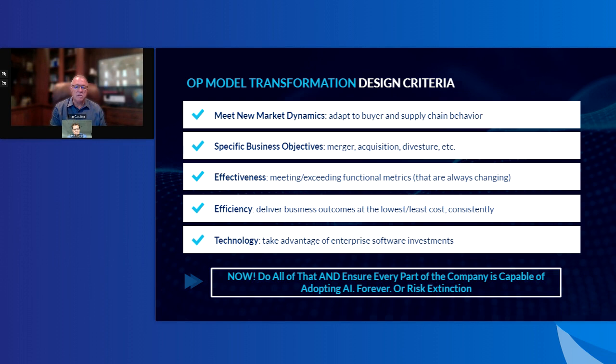I'm not going to drain the slide, but these are typical elements that get listed on the what-are-we-solving-for list. And now we're adding this bottom one: do all of that and ensure every part of the company is capable of adopting AI forever, or risk extinction. No big deal, right?